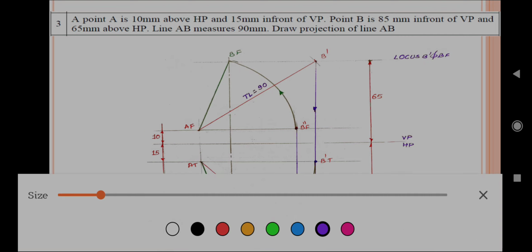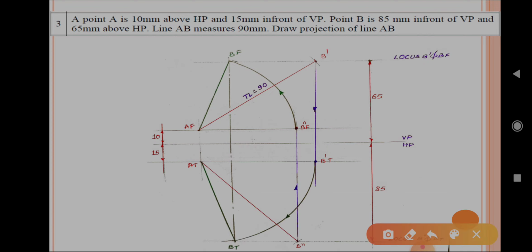After marking the points A F and A T, the locus of point B is 85 mm in front of VP. Point B is 85 mm in front, and we can mark the locus.